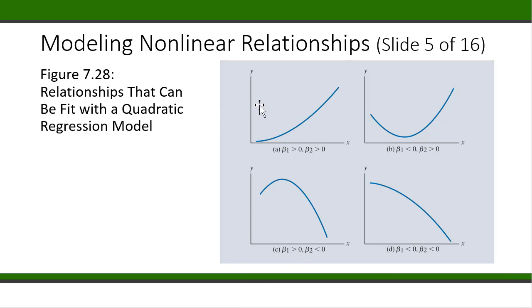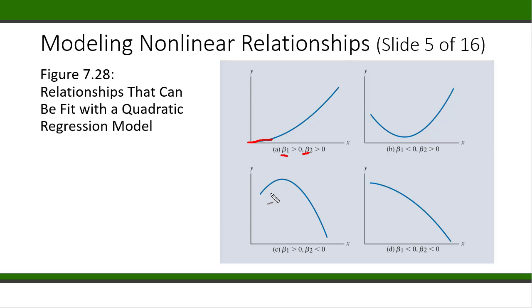If we're looking at that quadratic formula, here are some basic things you need to know behind those betas for the population. I like to think of these as inflection points. Everything is going up positive. As this increases, y increases.